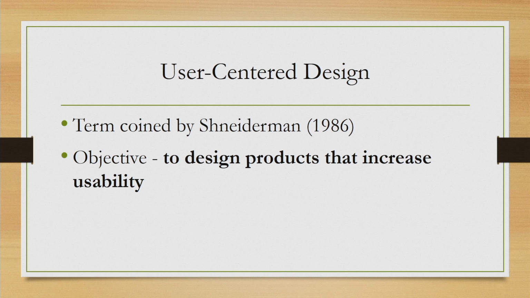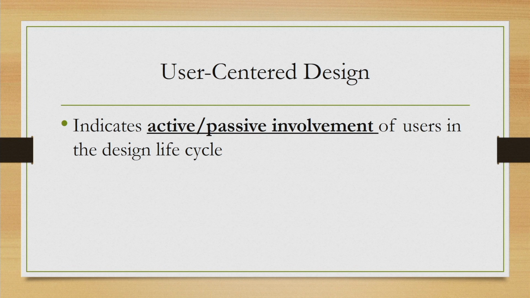So, our objective would be to have a product or software that increases the usability of the interface. Now, user centric design typically indicates that the end user is either actively or passively involved in the whole design process.